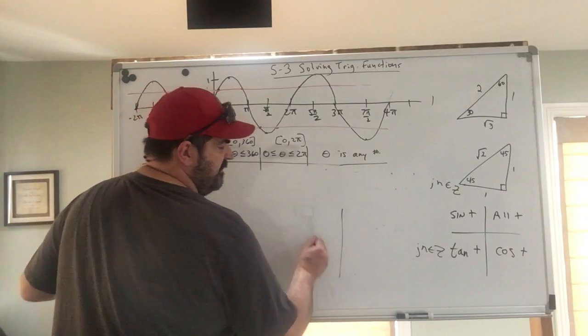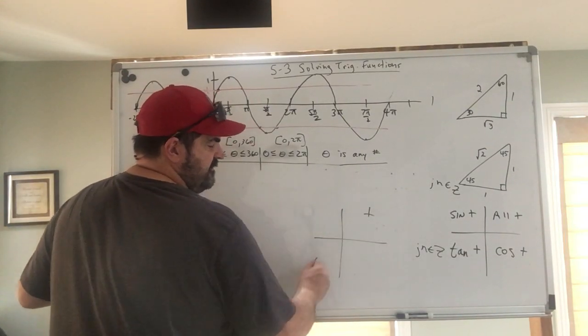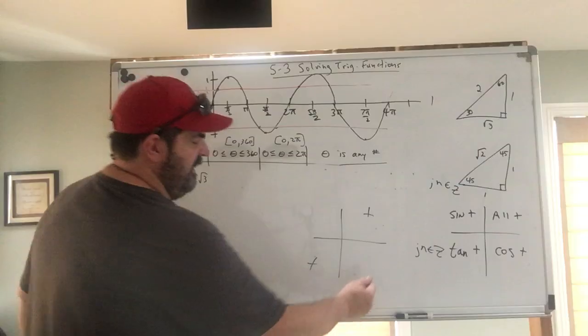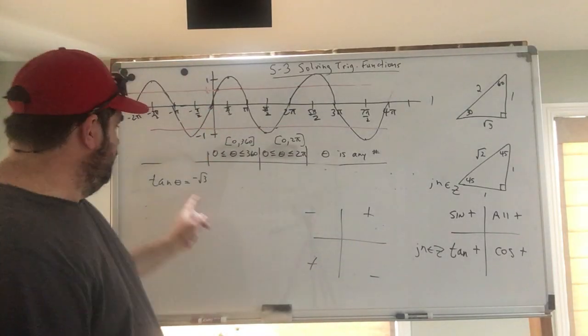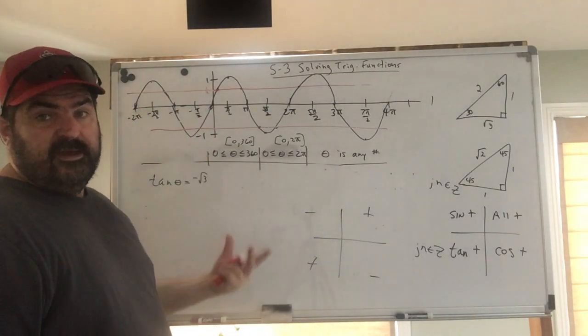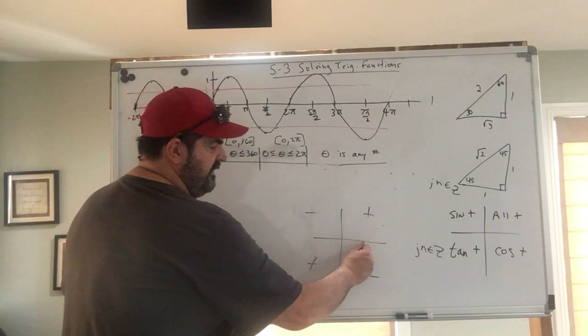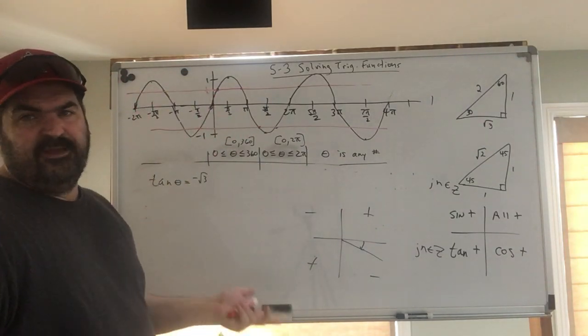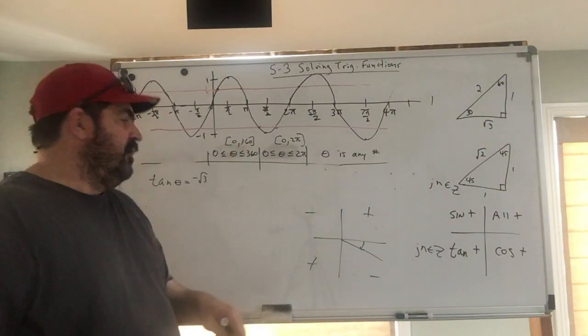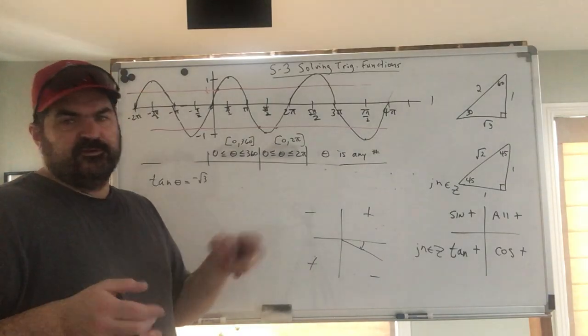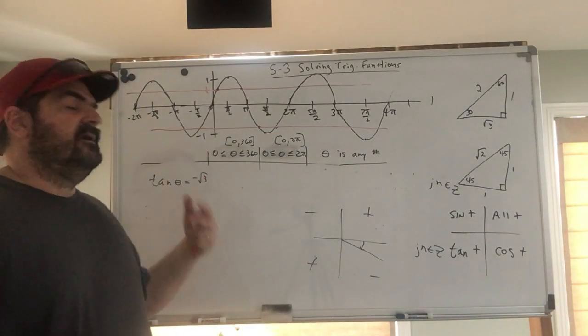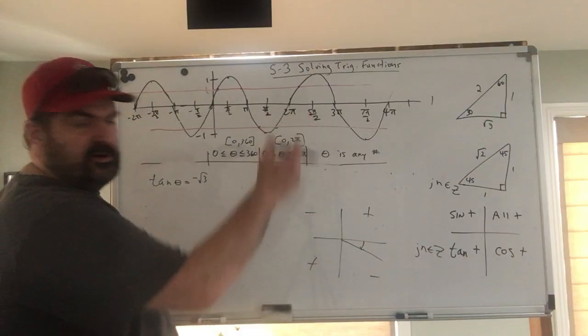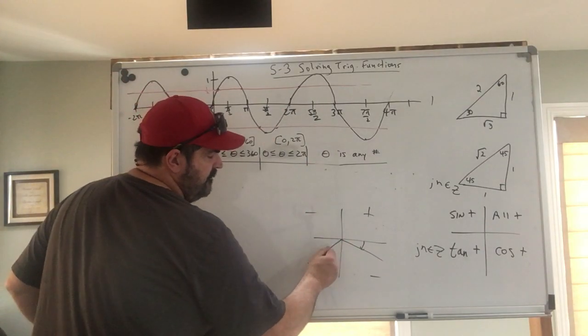But what your calculator is doing, tangent's positive in these two, and it's negative in these two. Since we're typing a negative, your calculator will go down here to 60. A little trick sometimes is I type it in without the negative sign, it will always give me the reference angle in quadrant 1. So I always get the reference angle right away. It's a little shortcut, all right? Or use my triangles.